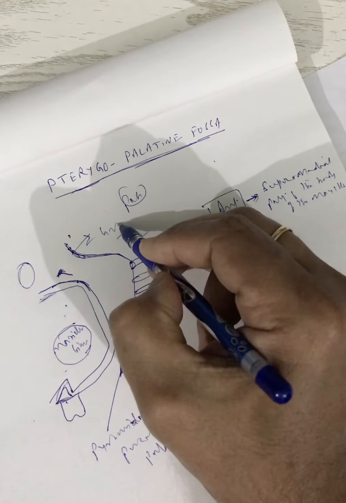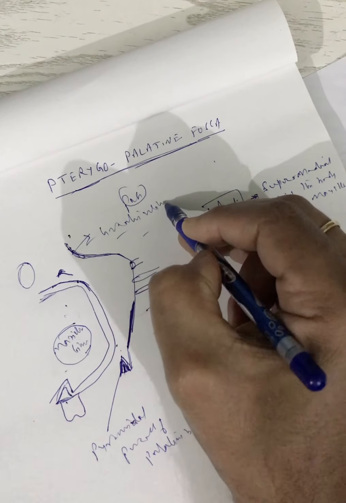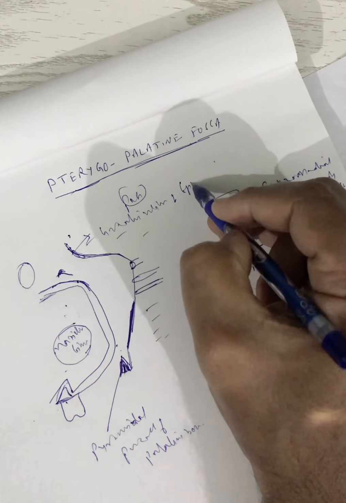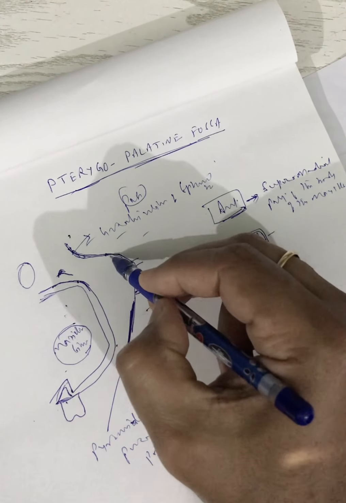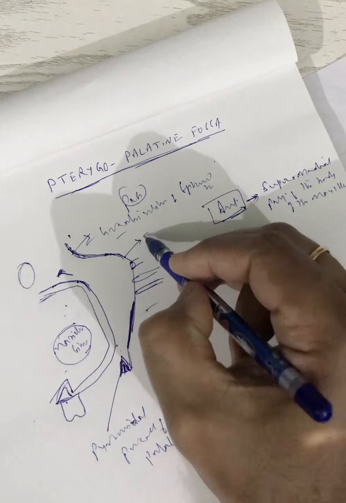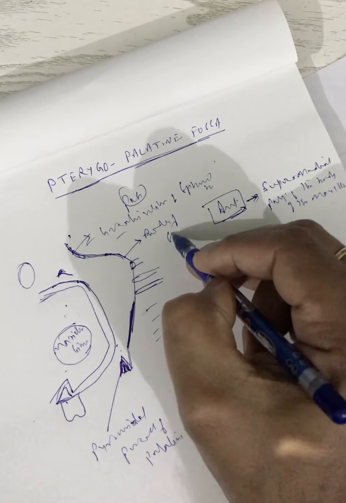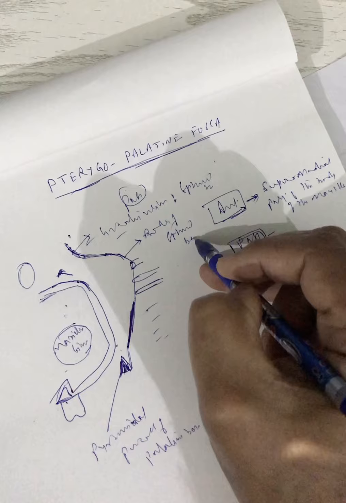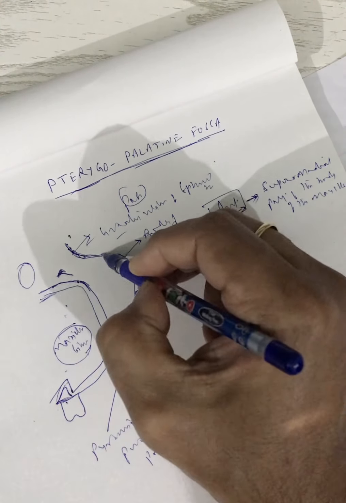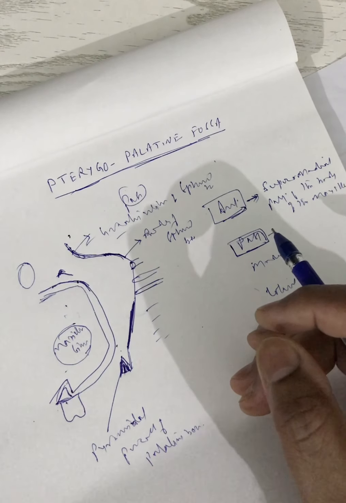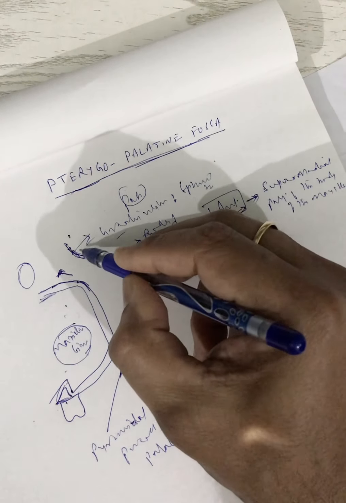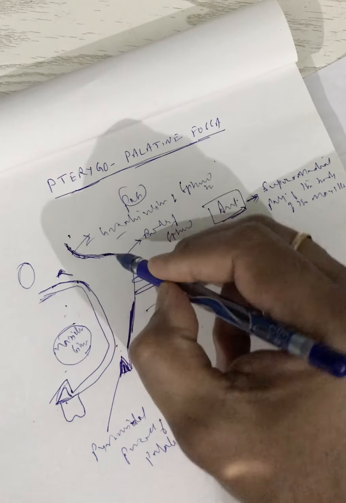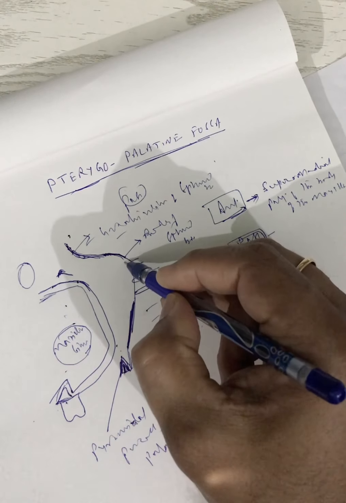And from here up to here, this is the body of the sphenoid bone, the under surface of the body of the sphenoid bone, and the greater wing of the sphenoid bone and the root of the lateral pterygoid plate.